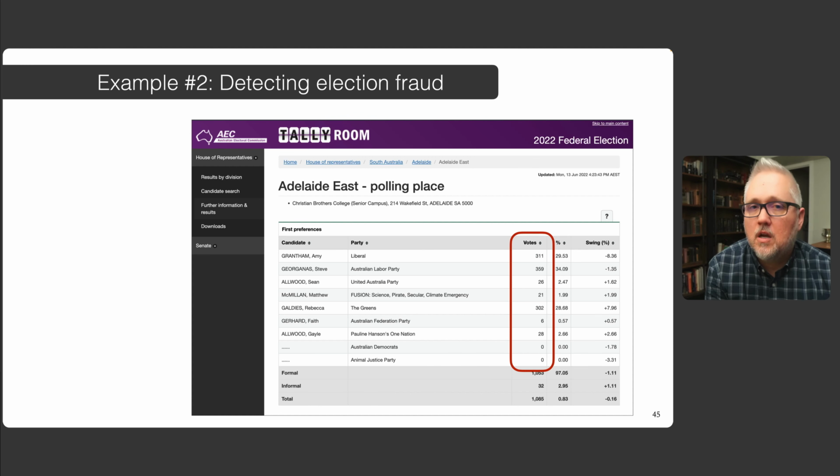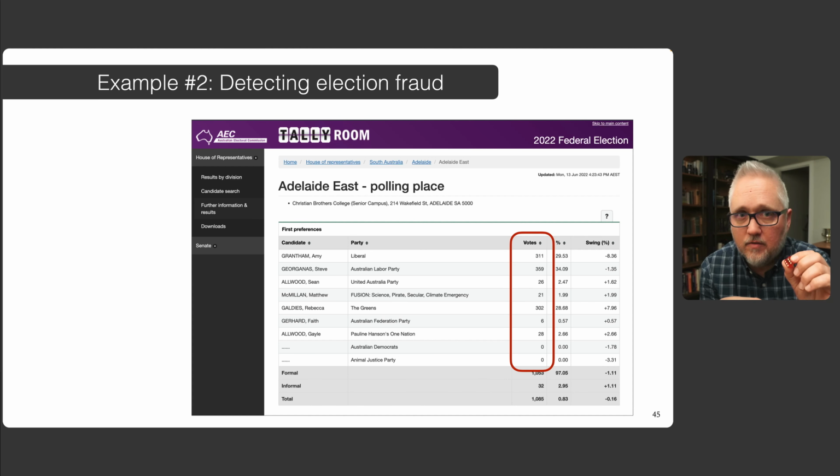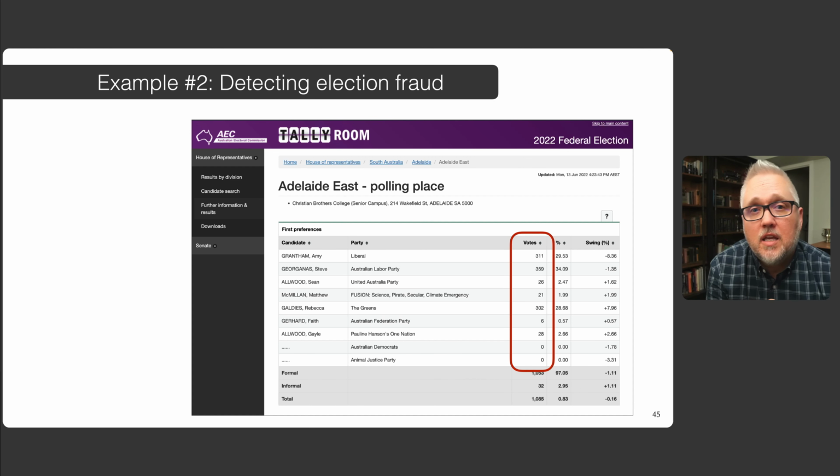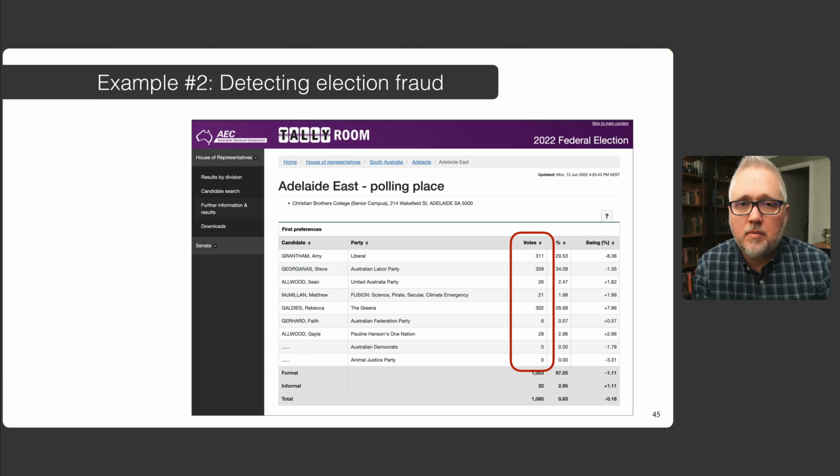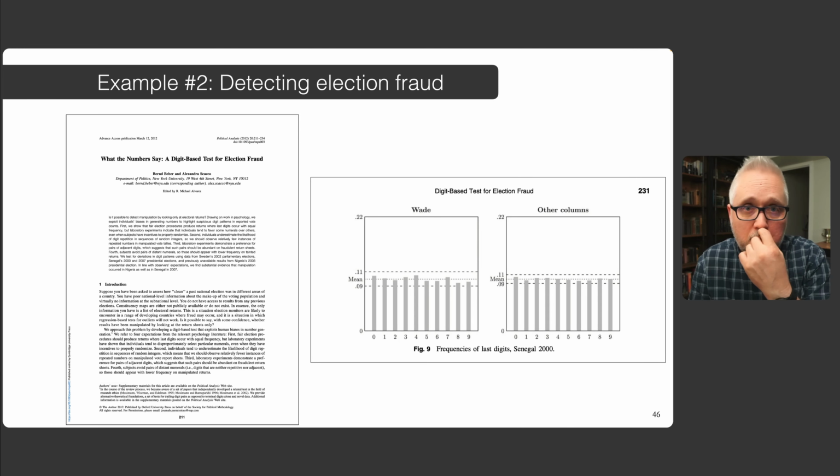So if the vote counts are truly random and you have an equal probability, kind of like a die, of getting a 0, 1, or 2 on up to 9 as the last digit in a particular voting result for a particular candidate, then if you aggregate across all the different sources, you should have a roughly flat distribution if it is a fair election across all the different polling stations. It should be roughly flat, and if it's not, then you have the potential for bias.